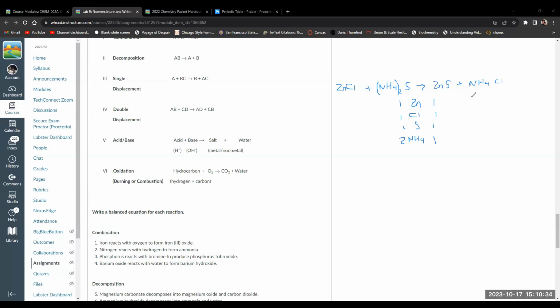Our products balance. So zinc sulfide. We know zinc is +1 from earlier. Sulfur is 2 minus. I mean, we're going to need 2 zincs. Ammonium is a +1. Chlorine is a -1. And that stays balanced. So we actually have 2 zincs on the product side.